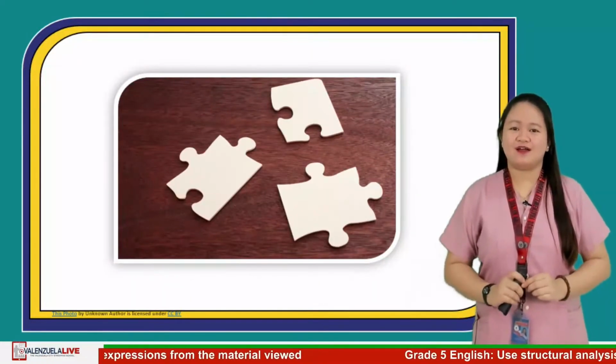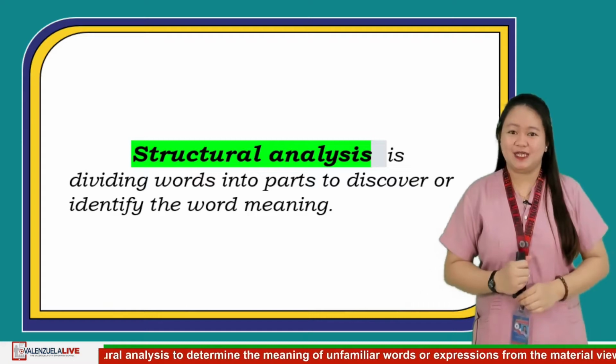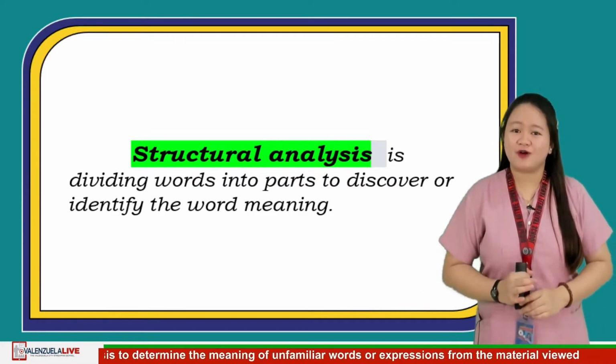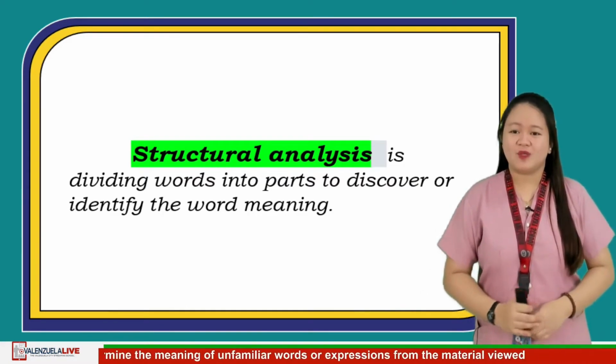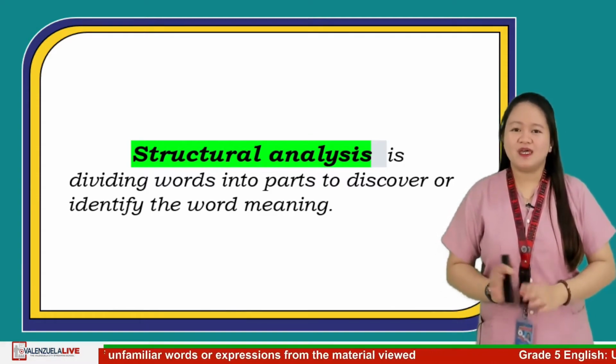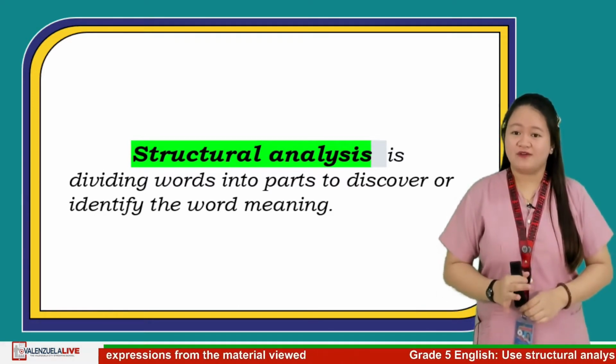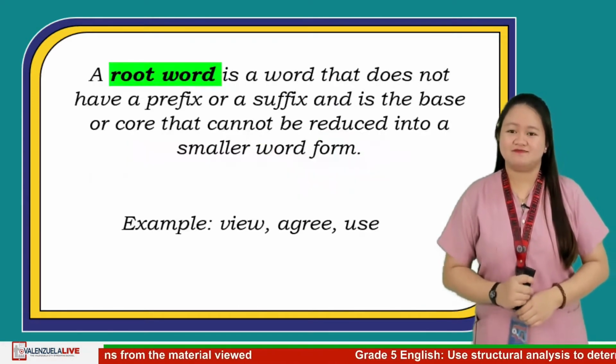Unfamiliar words are a lot like puzzles. Structural analysis is dividing words into parts to discover or identify the word meaning. Word parts contribute to the overall meaning of a word. Many words in the English language are composed of a root, a prefix, and a suffix.